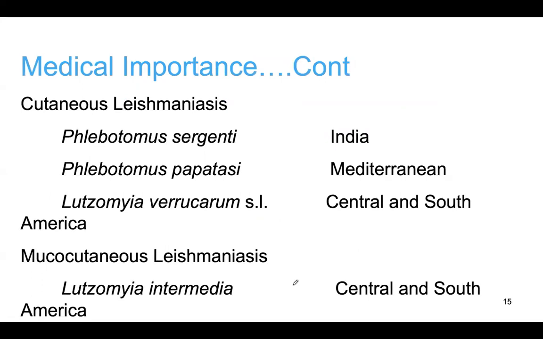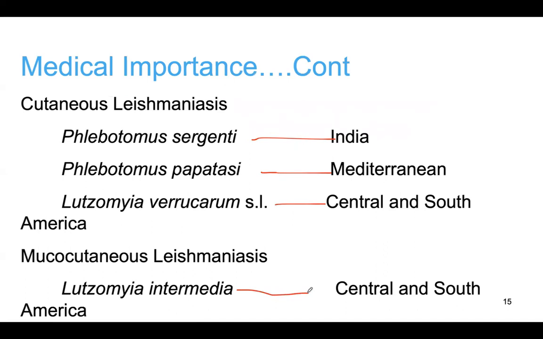Cutaneous leishmaniasis: Phlebotomus argentipes, which is found in India, Phlebotomus papatasi in the Mediterranean, and Leishmania braziliensis, which is also found in the Americas, Central and Southern. And mucocutaneous leishmaniasis is caused by Leishmania intermedia, right?